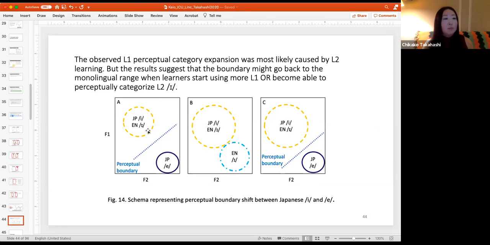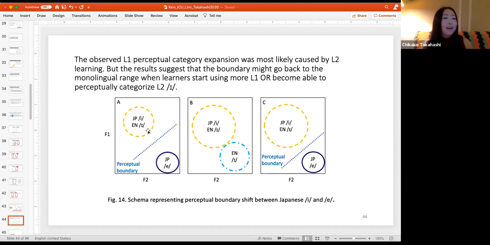Because this L1 perceptual category expansion was observed among participants who were not able to categorize the new L2 phone the way monolingual English speakers can, but had higher L2 use, I argue that this phenomenon was caused by L2 learning.